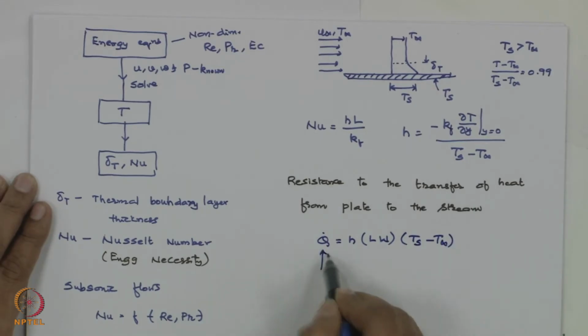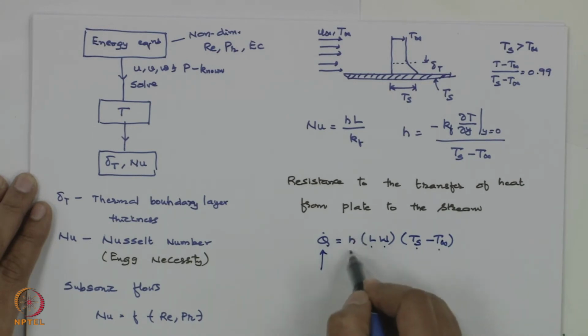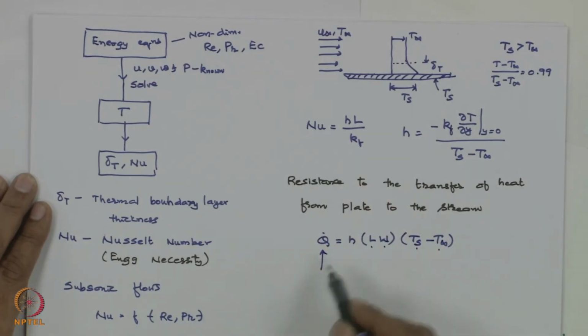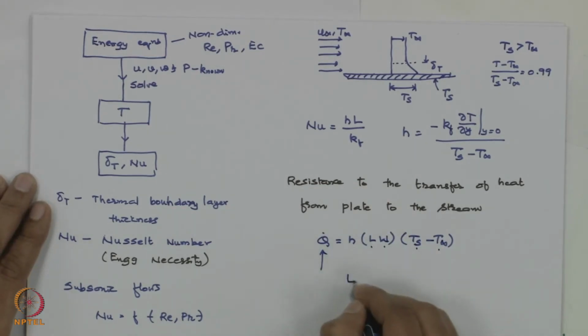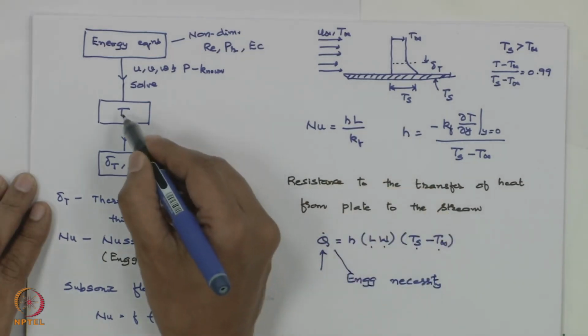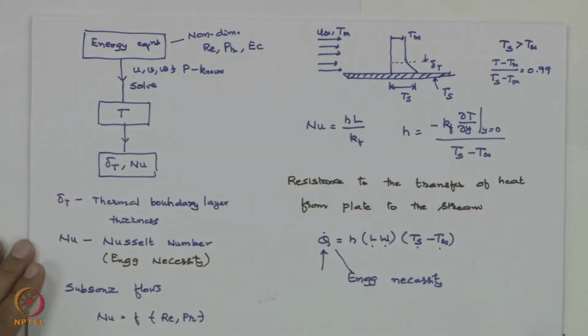Engineer is interested in Q dot, he knows L and W, he knows Ts and T infinity. If you were to get h through a Nu, which is a function of Reynolds number and Prandtl number, you will be able to compute the heat transfer rate. It is this engineering necessity to know Q dot that drives us to get h, that is expressed in terms of Nusselt number, that comes only from temperature distribution and the velocity distributions. So, this is why we derived mass, momentum and energy equations.